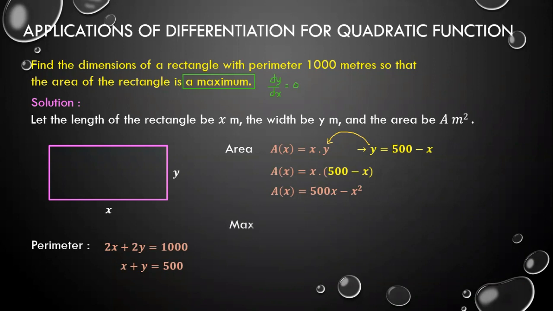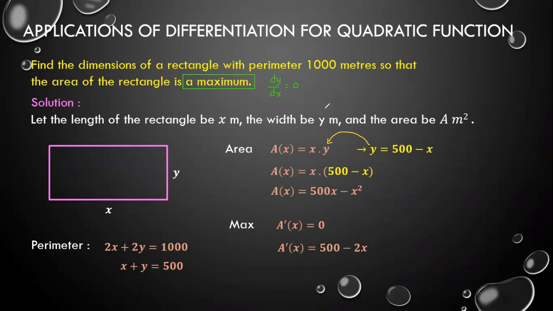Okay, students, now we go to the maximum point. The maximum point will be satisfied by the first derivative of the area equals 0. We'll find that the first derivative is 500 minus 2x.